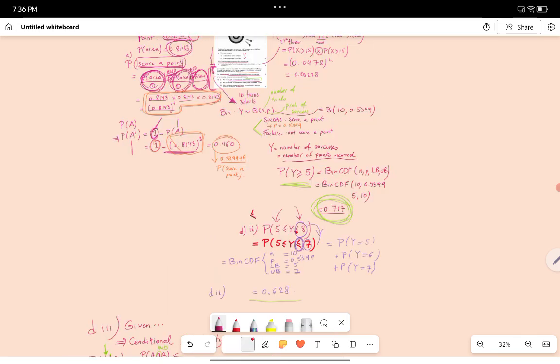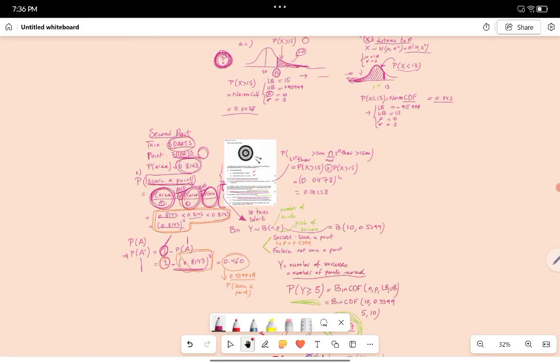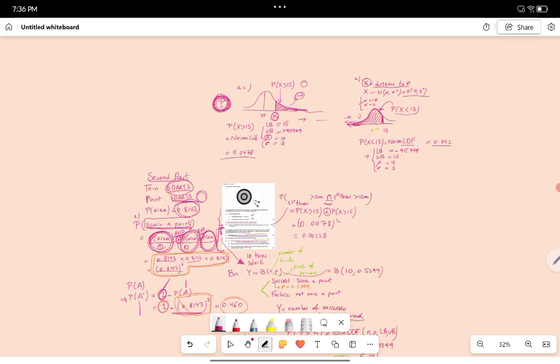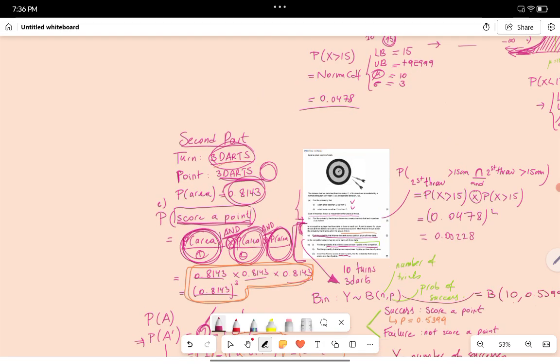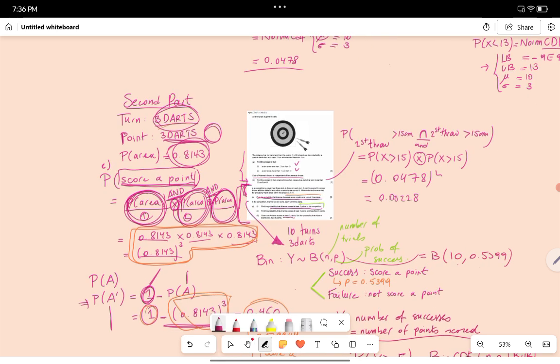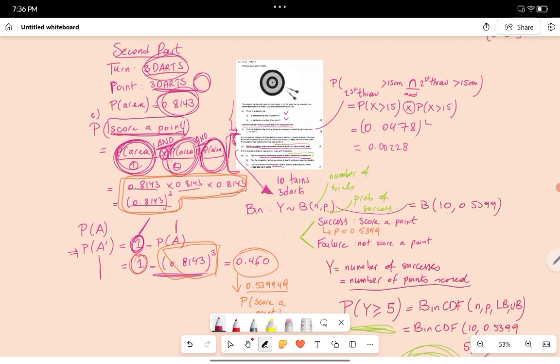The last bit, guys, is with the binomial. Why? Because we read here, in the competition, Ariane has 10 turns, each with 3 darts. Find the probability that Ariane scores at least 5 points in the competition. So you have to recognize a binomial here, that we're talking about a success and then a number of successes. So that's what we did.